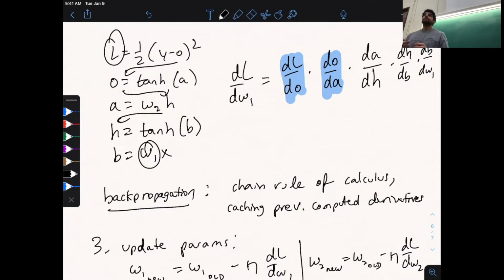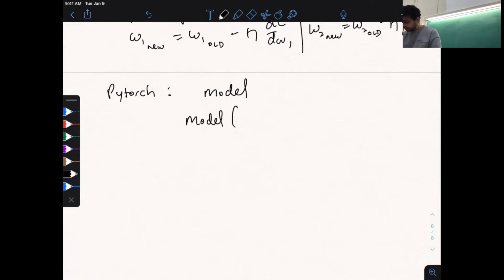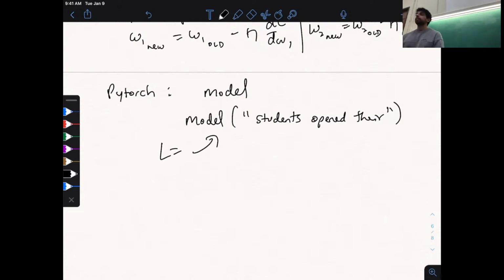And then you compute a loss. Let's say in PyTorch I have a model, my neural language model. I use my model to compute the next word prediction, the distribution for "students opened there." Then it spits out some distribution. Then I can compute some loss term using this distribution.